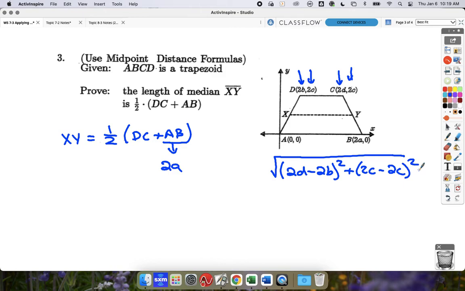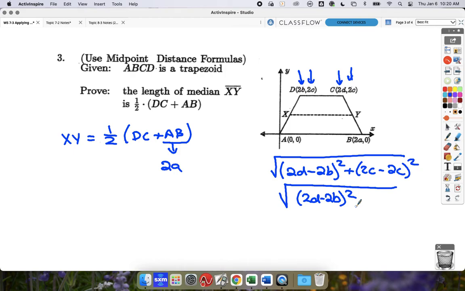What is 2D's minus 2B's? It's 2D's minus 2B's. What is 2C's minus 2C's? 0. And what's 0 squared? 0. So now we have the square root of 2D's minus 2B's squared.